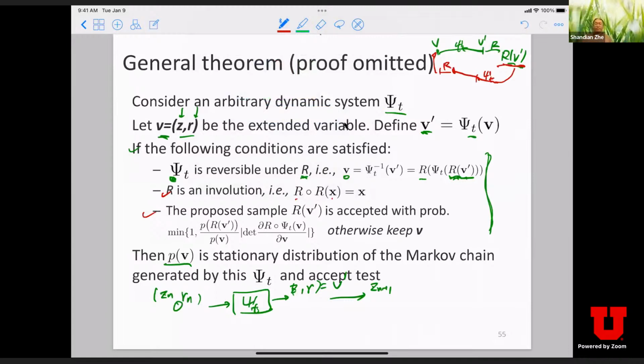The third one is the acceptance test. So what's that?